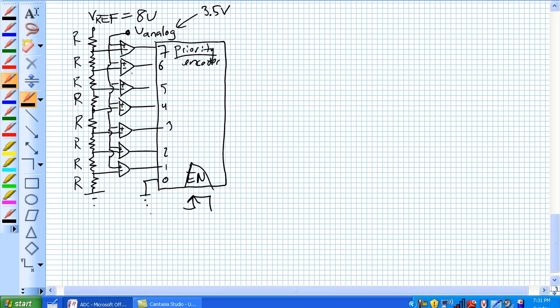Everybody has 3.5 volts on the non-inverting input. Okay, so let's just go to 7. The one with the 7, this guy right here, 7 volts. We're going to zoom in on him, minus plus. Inverting input has a 7. Non-inverting input, everybody's got the same 3.5 volts.